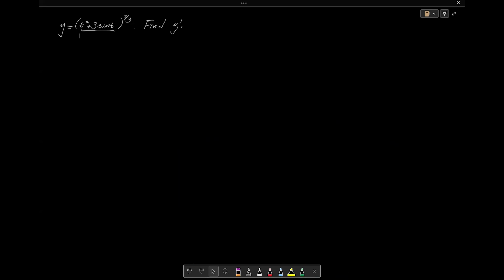Okay, and this is the u, right? So the derivative here, y prime, is the regular power rule. You drop the power to one less power times the derivative of this thing right here. See?